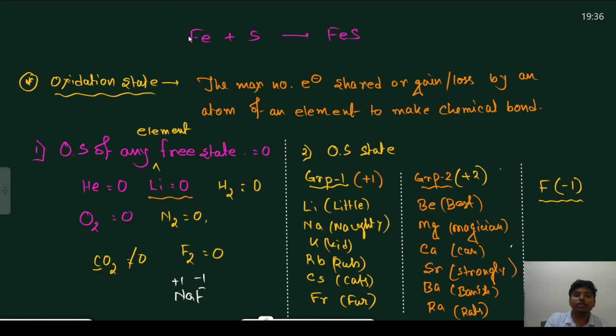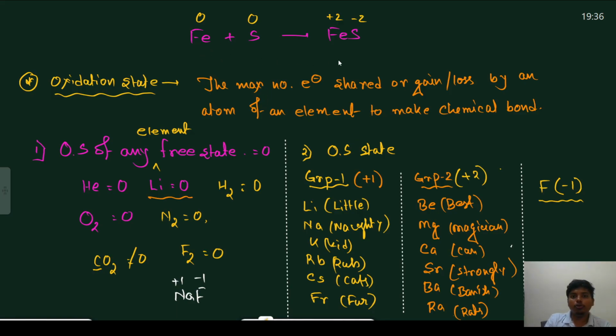Now coming back to here. Tell me, iron oxidation state 0. Yes or no? Sulfur oxidation state 0. Here iron oxidation state +2 because sulfur will be -2.